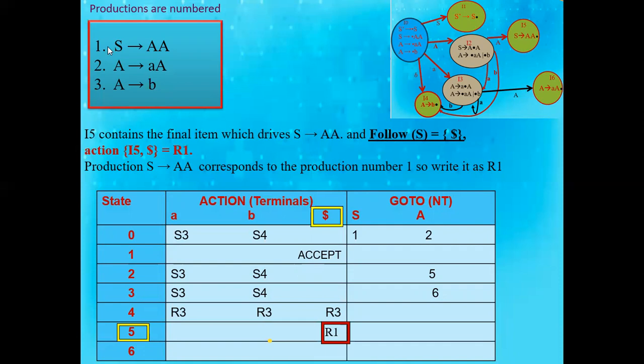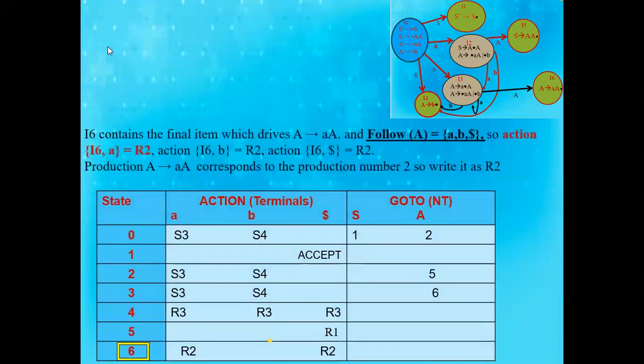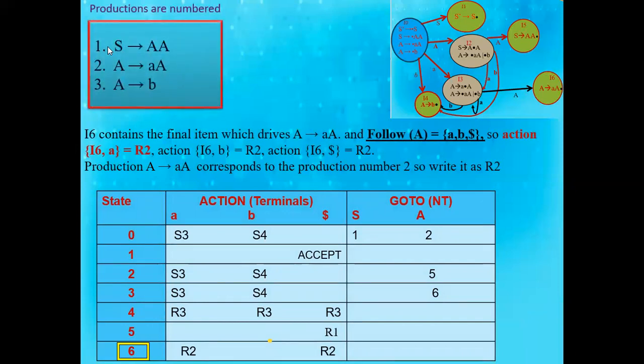Next is I6. I6 is also a final state, and it has production number 2, right? So the entry is R2. Now we have to write R2, and at which place? I need to find the follow of A, and specify it under a, b, and dollar symbol. First I am representing it under a, so at the location a, I am writing R2 here.